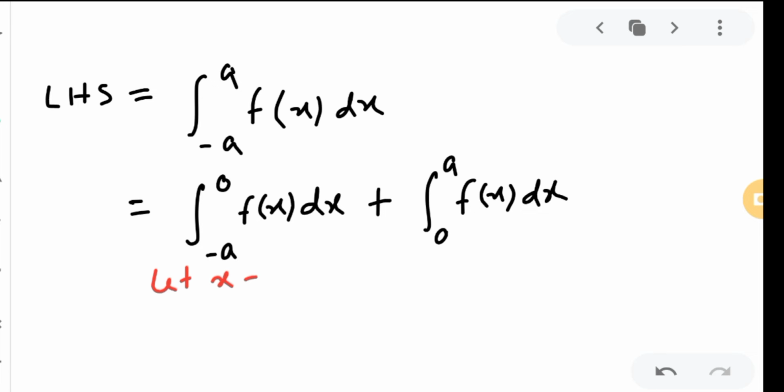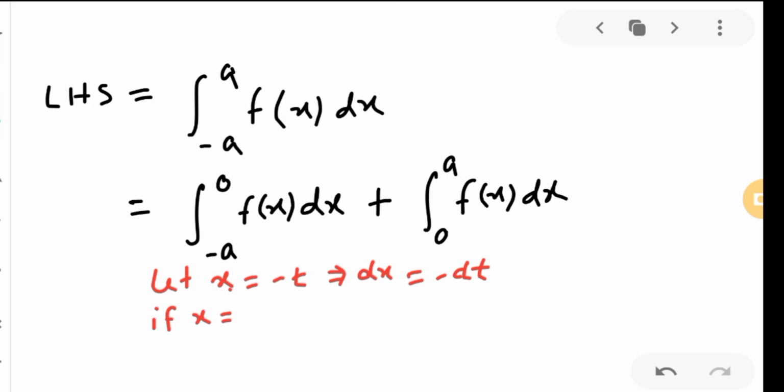I am replacing x with minus t. And here for dx, you differentiate x is equal to minus t, so the differentiation of x is dx, and on the right side the differentiation of t is minus dt, so dx is equal to minus dt.